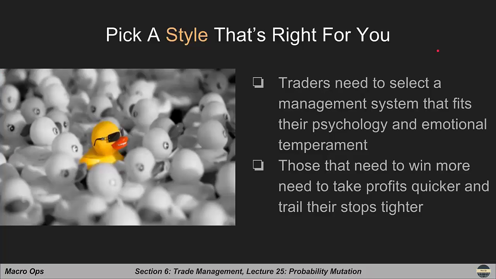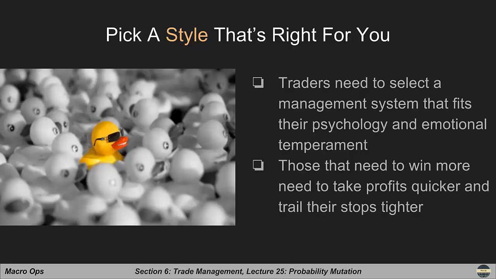So at the end of the day, there's no right or wrong way to structure your trades. You've got to do what works for you and pick a style that you like and something that fits with your psychology and emotional temperament. So some guys like to win more. They want more profits up front, and in that case, you're going to be using wider stops. You're going to be taking your profits a little bit earlier. And other guys like to have the huge wins. They don't mind having below 50% win rates or very low win rates.